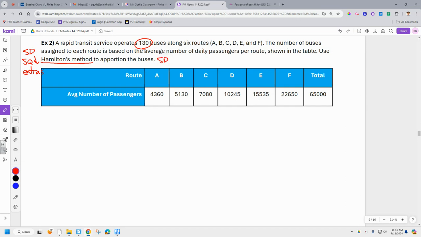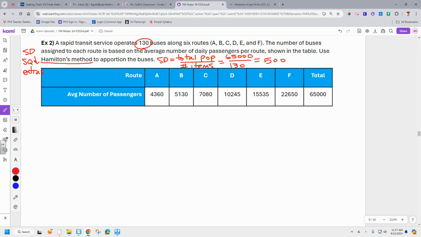So remember, the standard divisor, according to the definition, was the total population divided by the number of items. In this example, the total population is 65,000 and the number of items is 130. Do that division, 65,000 divided by 130, we get 500.